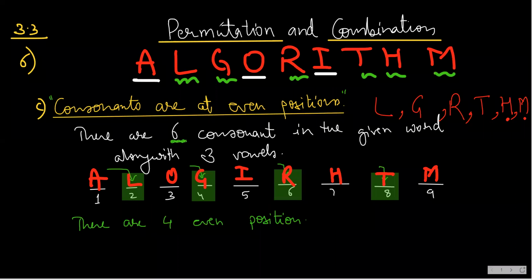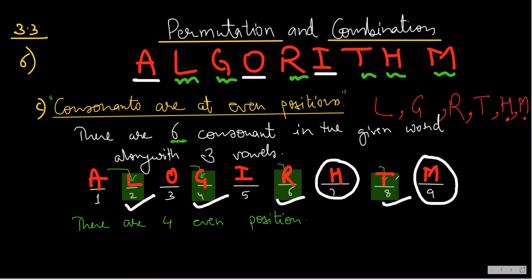So what they are saying is fulfilled. Consonants are at even position. Are the consonants at even position? You can check. Even position, consonant, consonant, consonant, consonant. Now here some students are confused. They will say, why is the consonant at odd position? Okay, please understand.